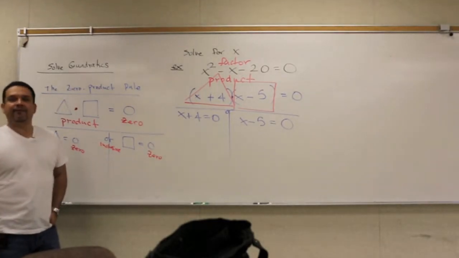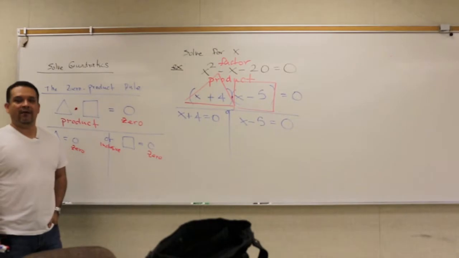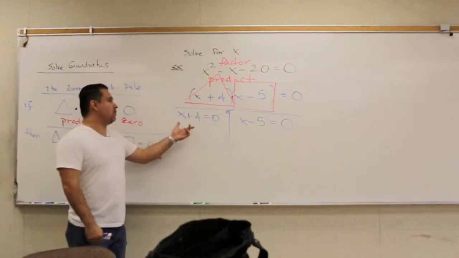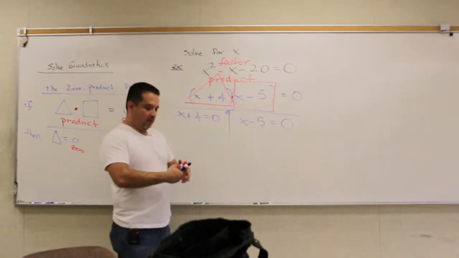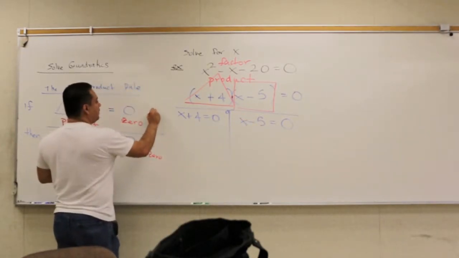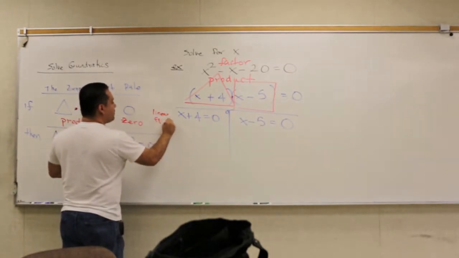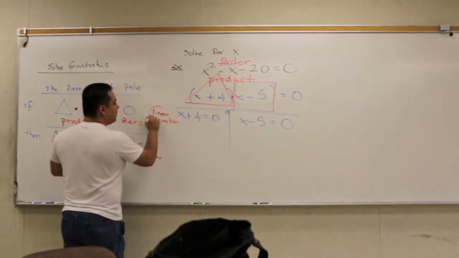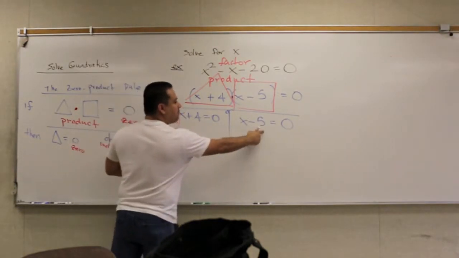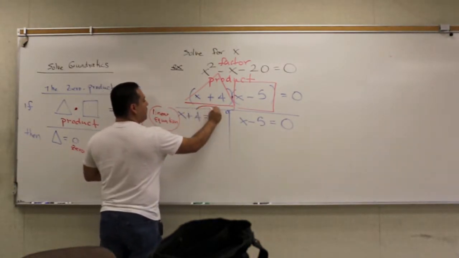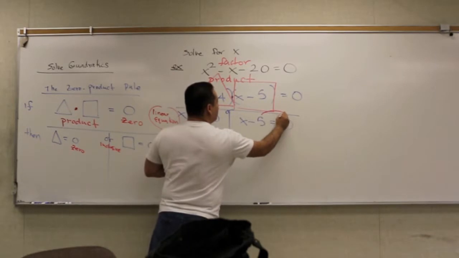Okay, you okay with that? Now, what kind of equations do you see here? You have what's called linear equations. How do you solve both of these linear equations? You translate.